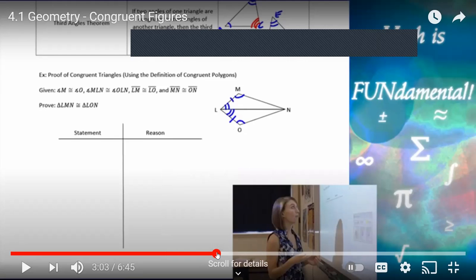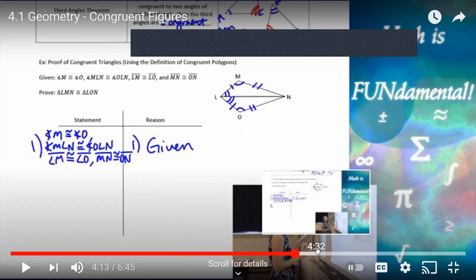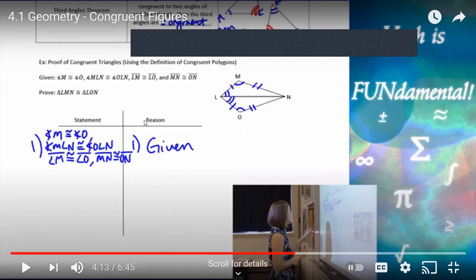So this is how to prove it. This is given, right? M congruent with O, and this congruent with this, and this congruent with this. Or this one is given.